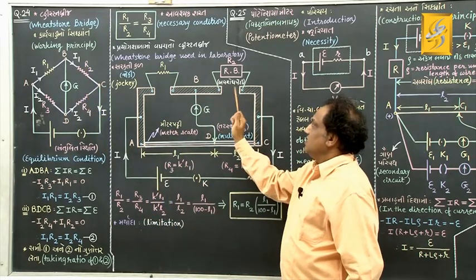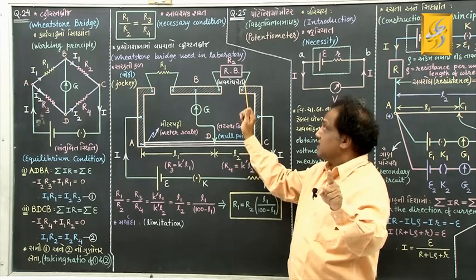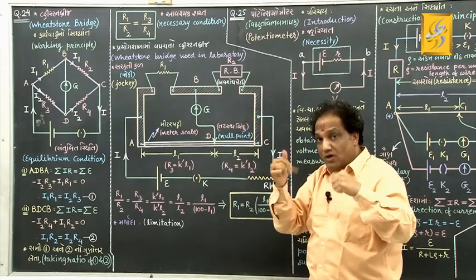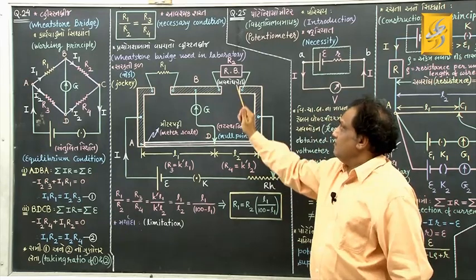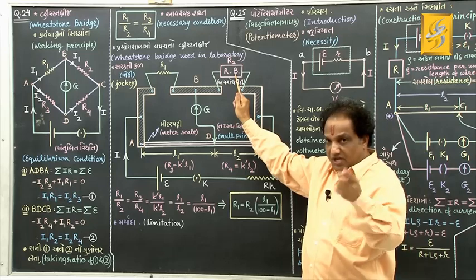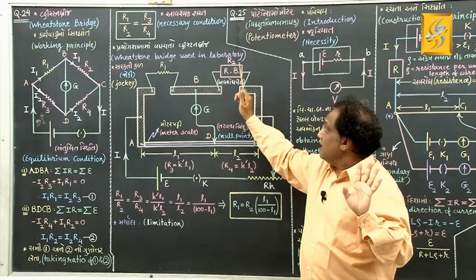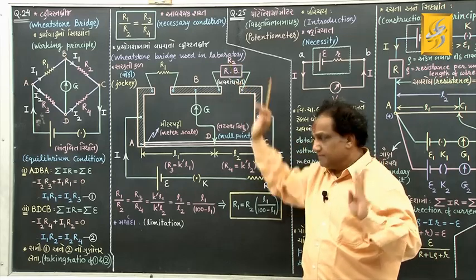How is it made known in the laboratory? We connect a resistance box. RB means resistance box, in which you know the value of resistance you have kept, let it be R2.